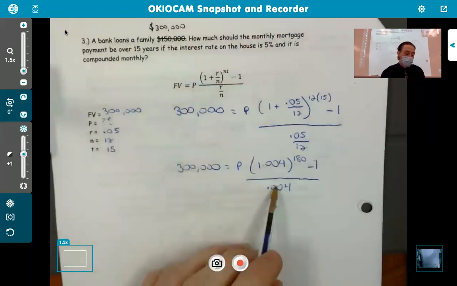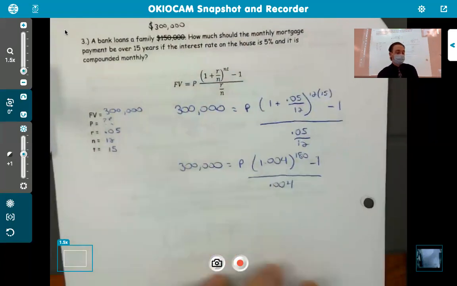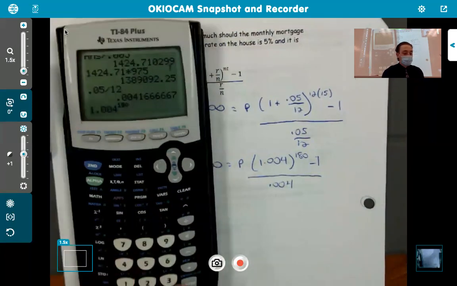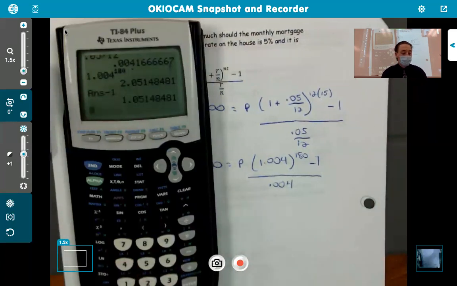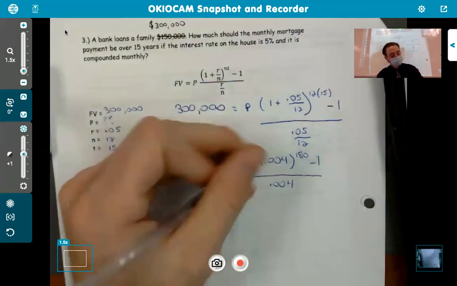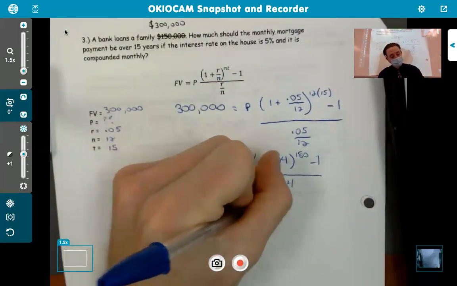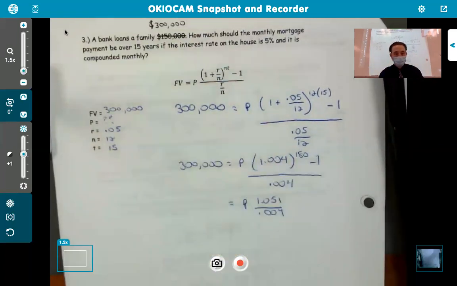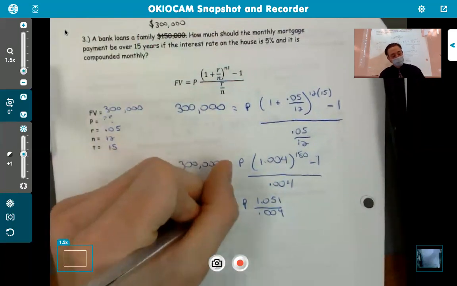You're not adding 1 or anything down below. 1.004 raised to the 180th power gives me 2.051484, so on and so forth. Subtract 1. I get 1.051 up top, divided by 0.004. This is all still equal to 300,000.